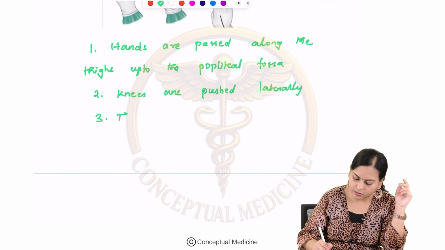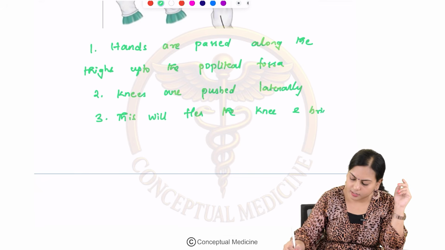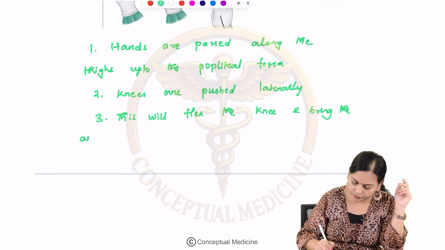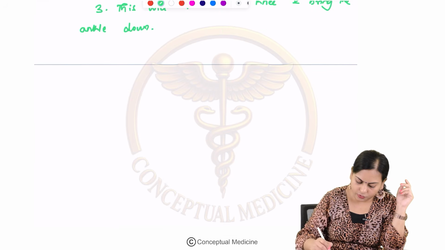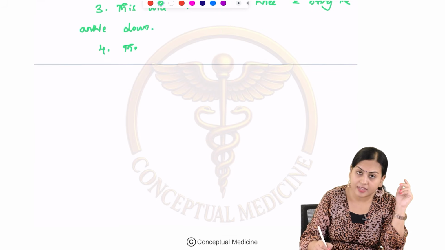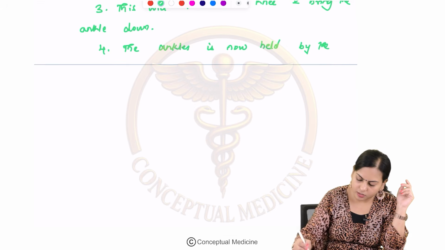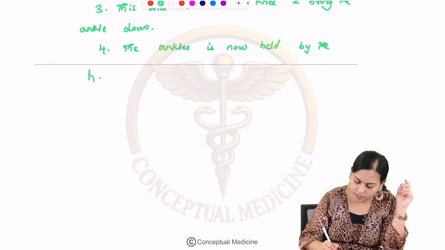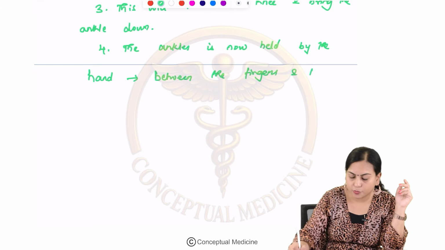Then this will flex the knee and bring the ankle down. So the ankle is now held by the hand between the fingers and the legs are pulled down.